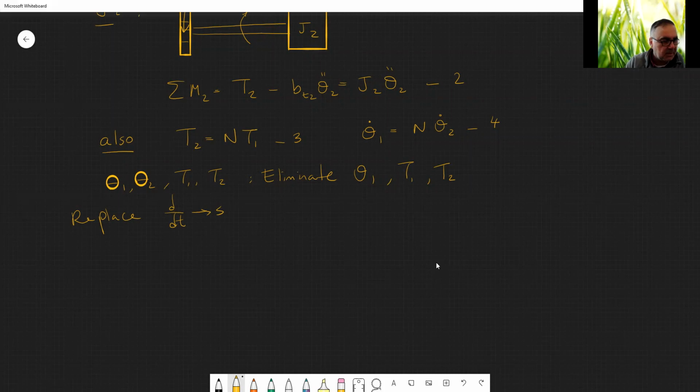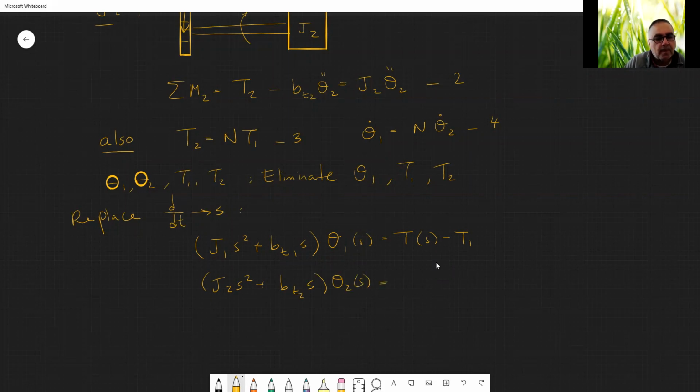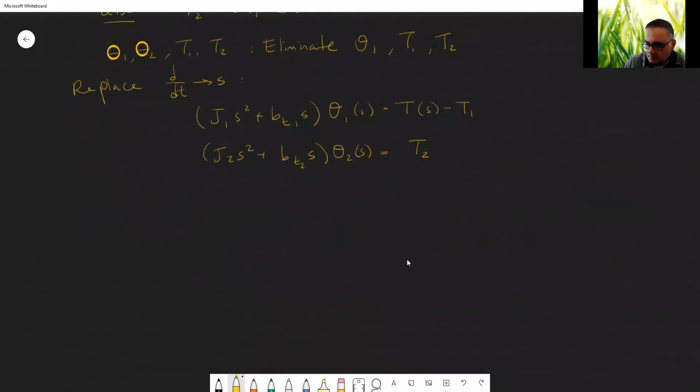If you do that, the equations we have will look like the following. So four equations, as you see.